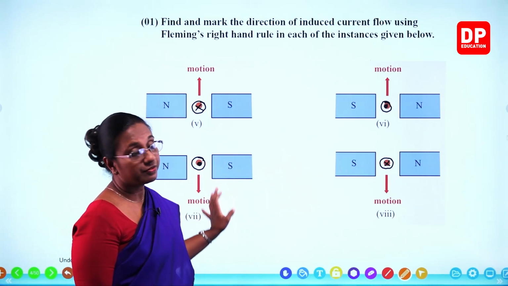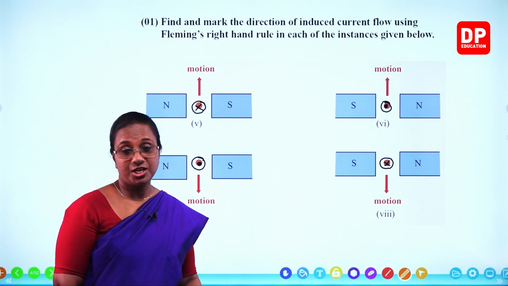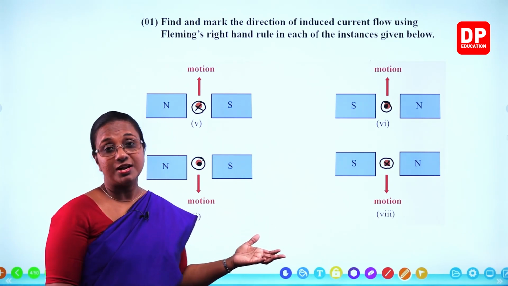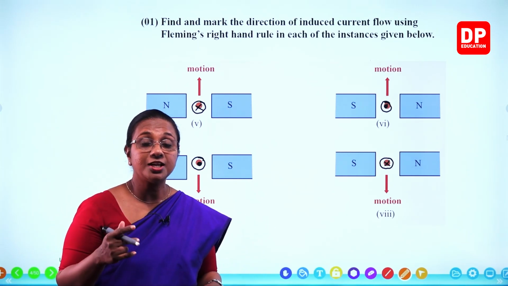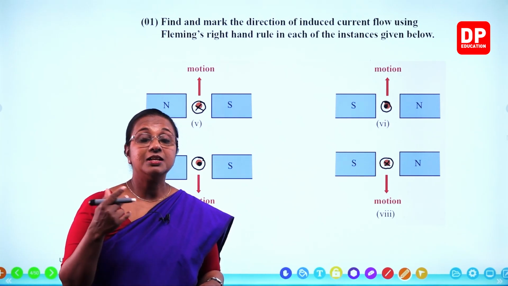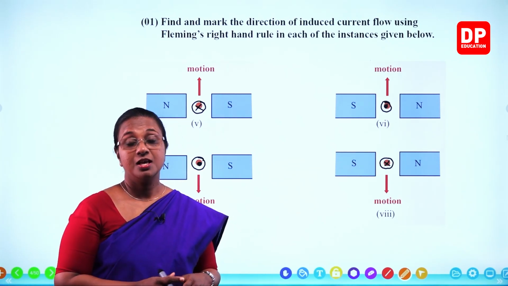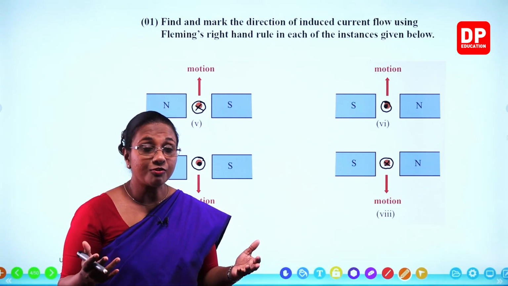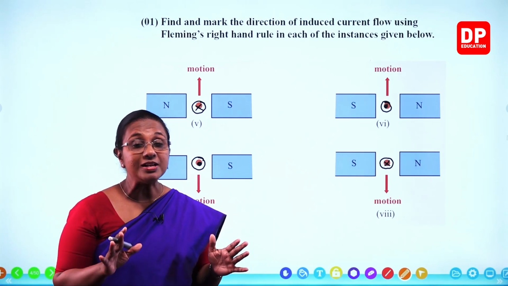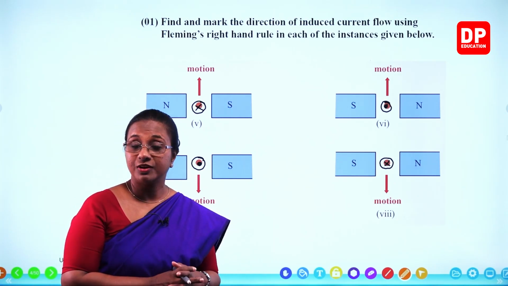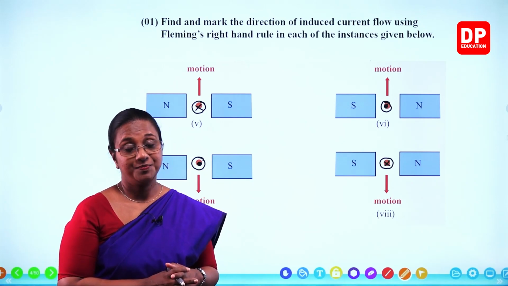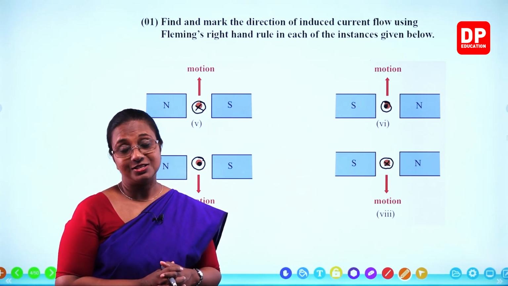So the direction of the current flow does not change. So here also you have to understand, when you change the direction of only one factor, the direction of current flow changes. But if you change the direction of both the factors simultaneously, then the direction of current flow doesn't change. You have to understand that, student.